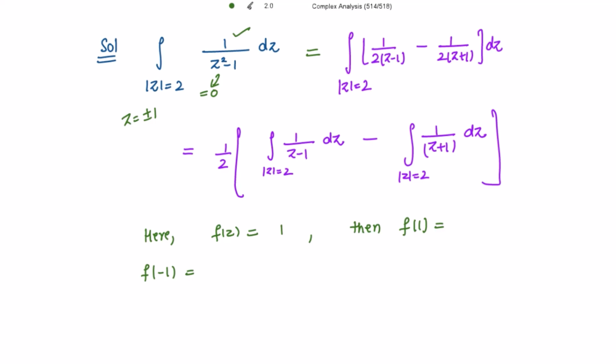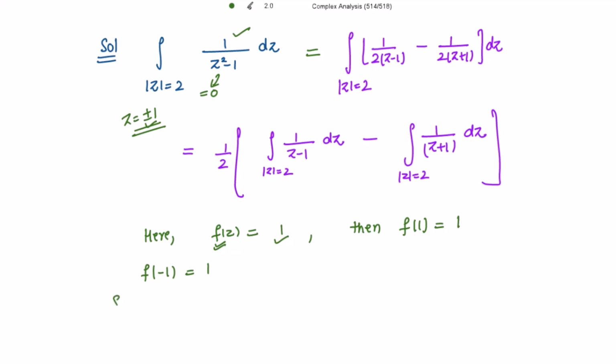So we need the values of the function at these two points. Because f(z) is constant, f(1) is also 1, f(minus 1) is also 1. Same values. Now since this f(z) is analytic inside and on the circle |z| = 2, analytic means this is differentiable everywhere except at the points plus minus 1.